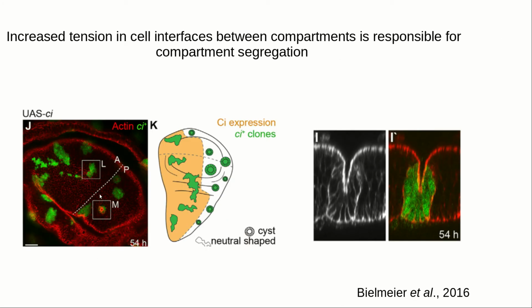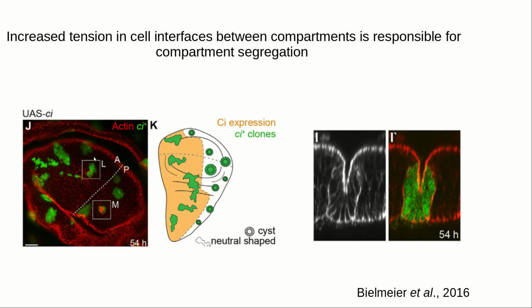So here is an experiment showing how this concept works. You have clones that are overexpressing cubitus interruptus, that as you already know is expressed in the anterior compartment, because in the posterior compartment it is repressed by engrailed. So cubitus interruptus helps to establish the anterior compartment identity.